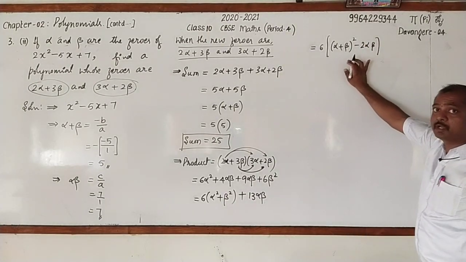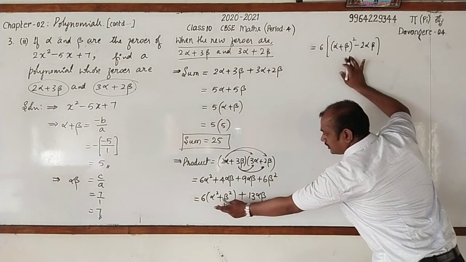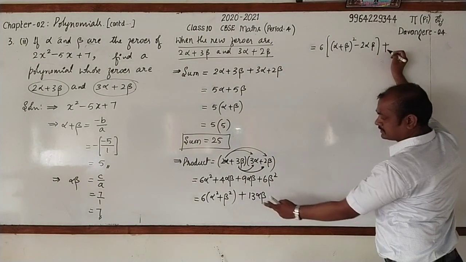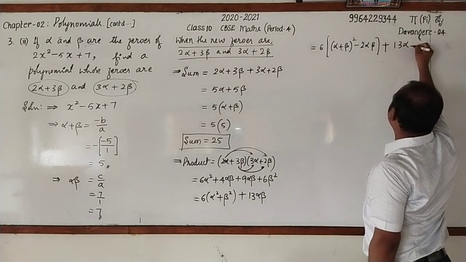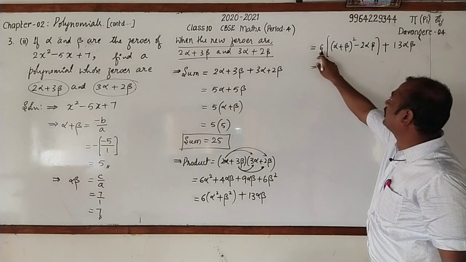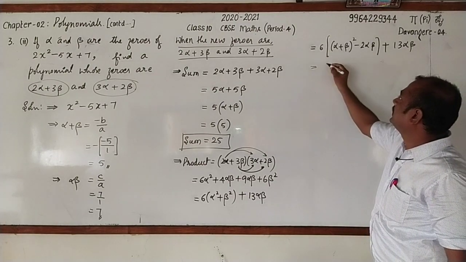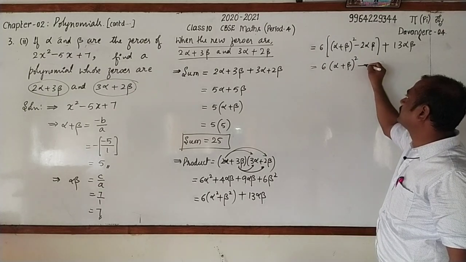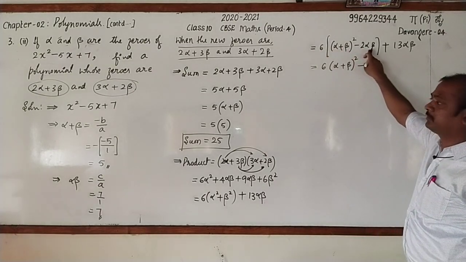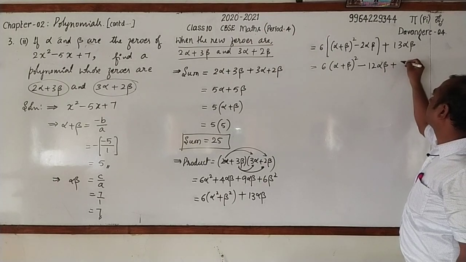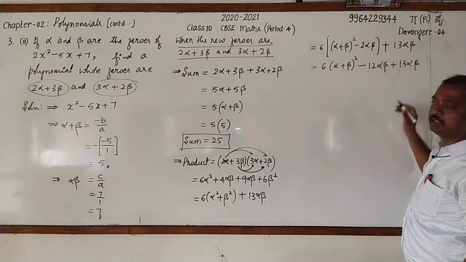In the very first problem we have already come across this, plus 13 alpha beta. Now multiply 6 with both the terms. It can be written as 6 into alpha plus beta whole square. Multiply 6 with the second term, 6 2s are 12 alpha beta, plus 13 alpha beta.